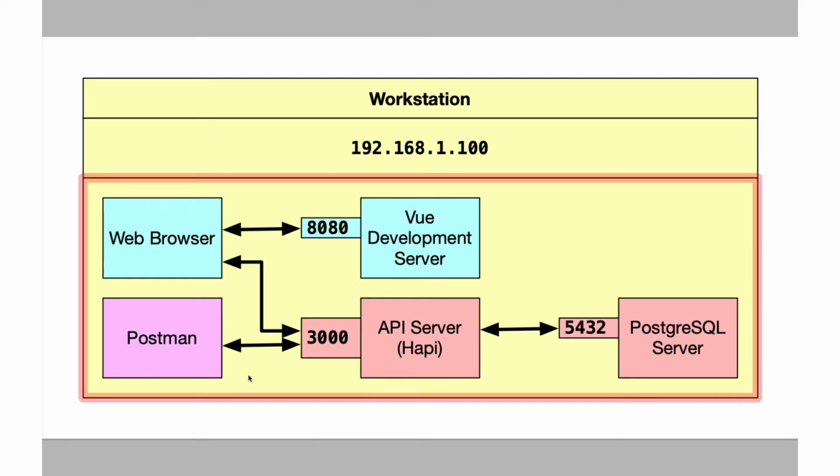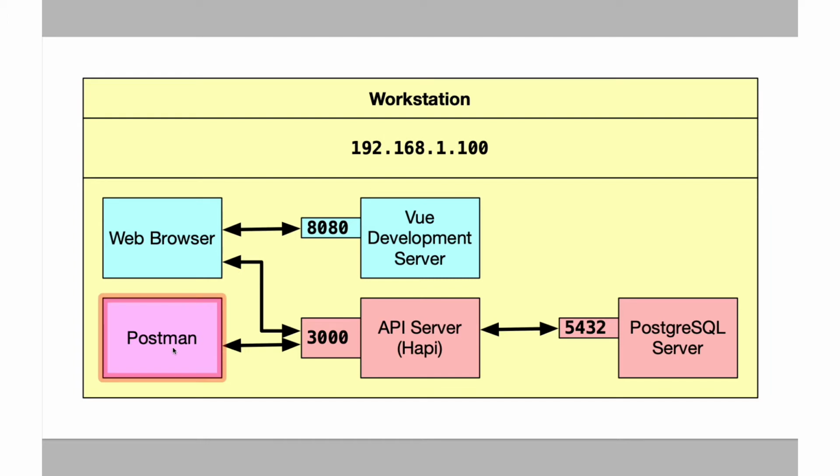You can also test your API by using a client like Postman or Insomnia. And in both of those cases, if you wanted to talk to the API, you also want to connect to localhost:3000. And then the final piece here is the Postgres server, which most of you are not running locally. I run a local copy of it on my laptop.